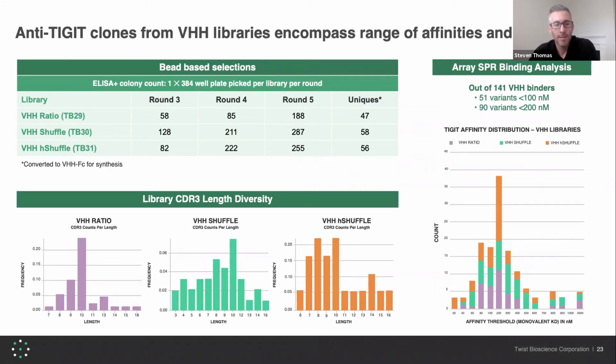One target that we like to go after for proof of concept is TIGIT, a clinically relevant immuno-oncology target. This is showing you the first three versions, VHH ratio, shuffle, and H shuffle, which were each panned against TIGIT.